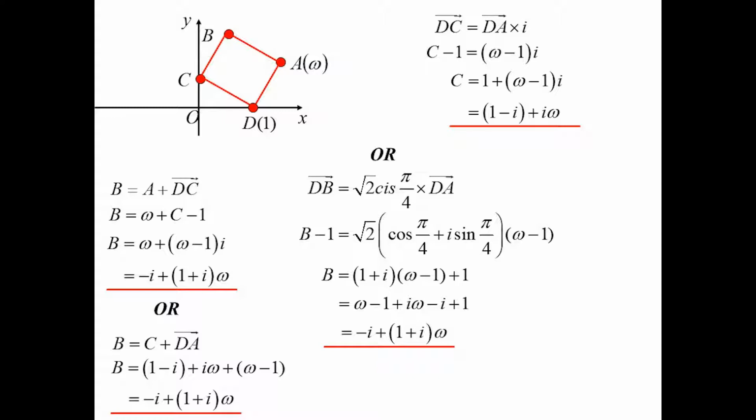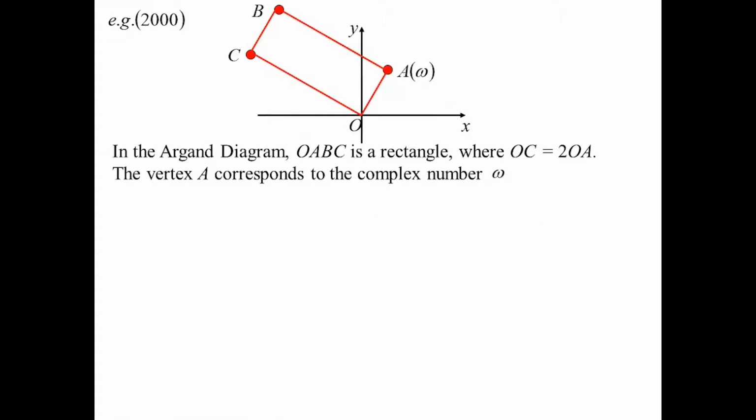There's a third way I could do that. Here's one from the 2000 HSC. We're told the shape's a rectangle and the length of OC is twice the length of OA. And A is representing omega, W, call it what you will. So what complex number corresponds to C? So how do we work out C for this one? Well, they've told me it's a rectangle.